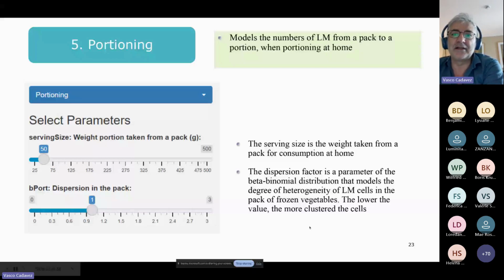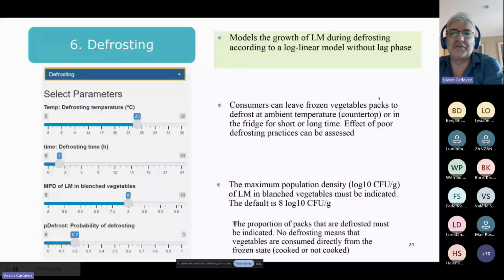Okay, considering the defrosting, we expect a fast defrosting. There is no growth, but if the defrosting takes too long or is at a high temperature, then we can have some growth of Listeria during this stage. So in this case we are modeling the growth of the Listeria using a log-linear model without a lag phase. So we assume that there is no lag phase.